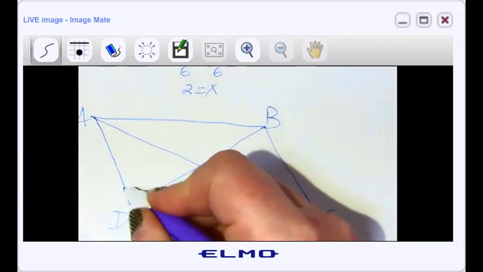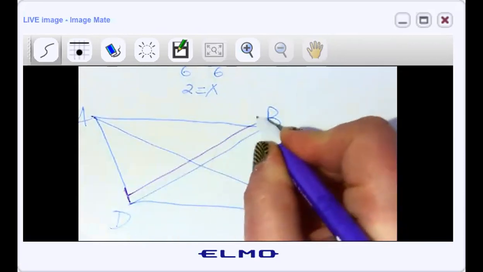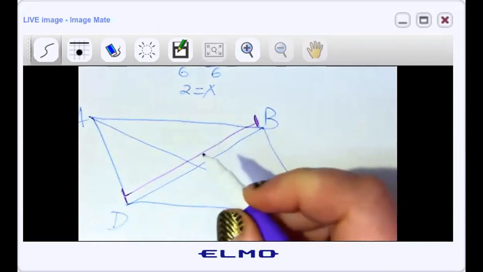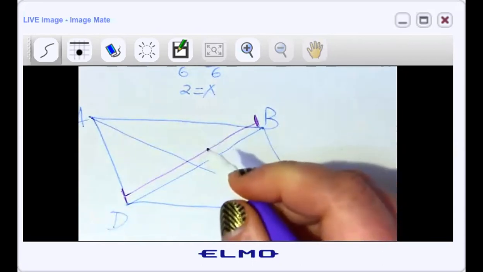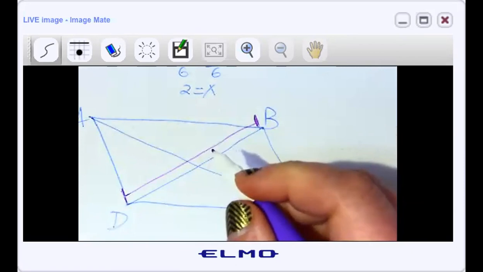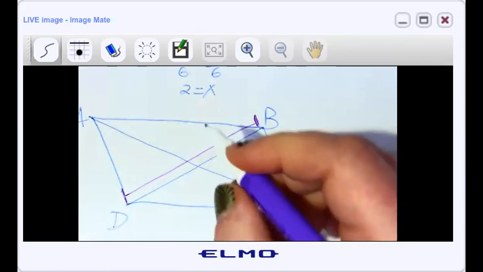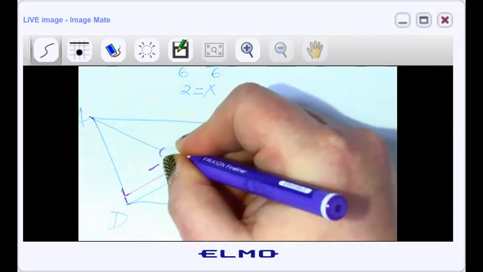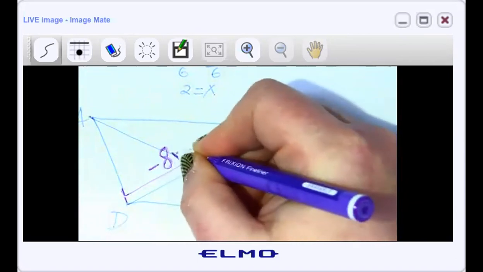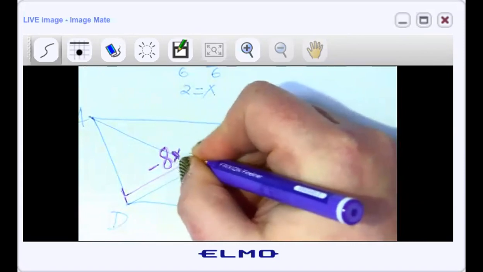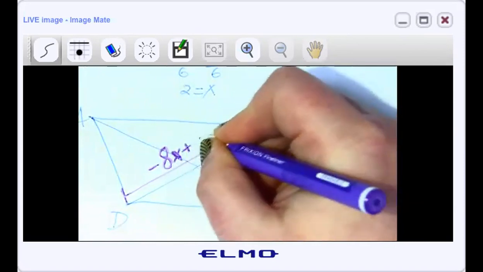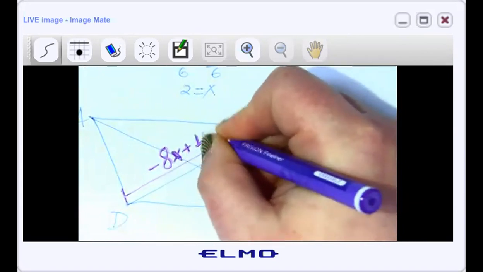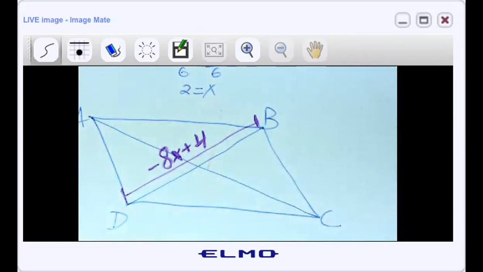DB, the whole thing, we're going to have that be negative 8x plus 4. Okay, so that's that whole length.